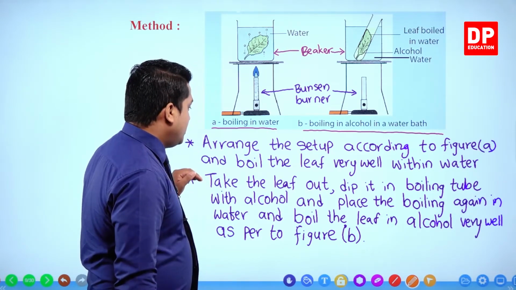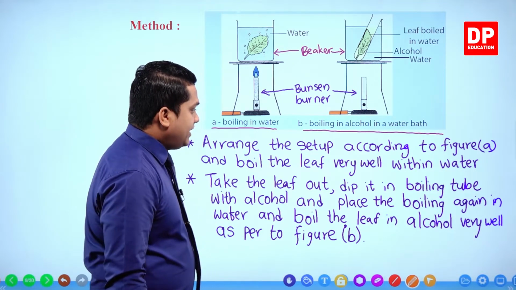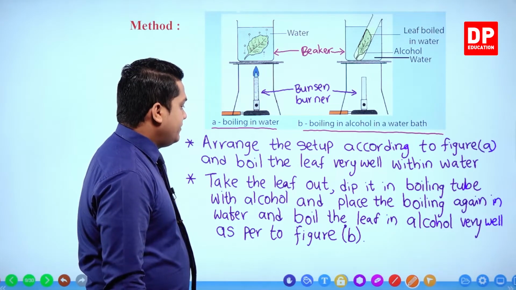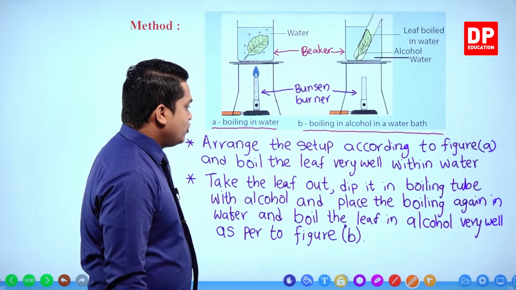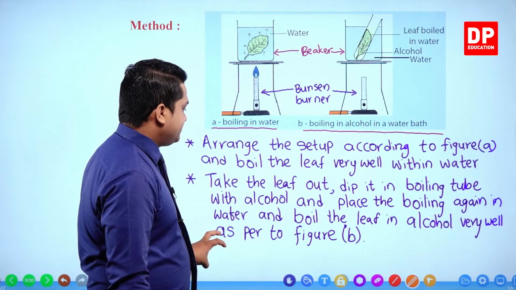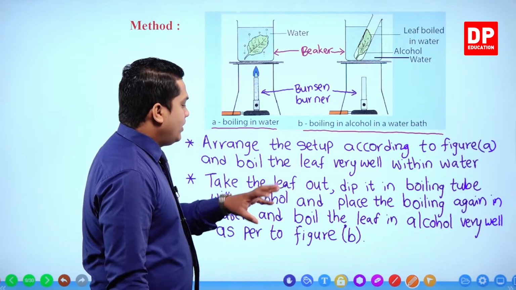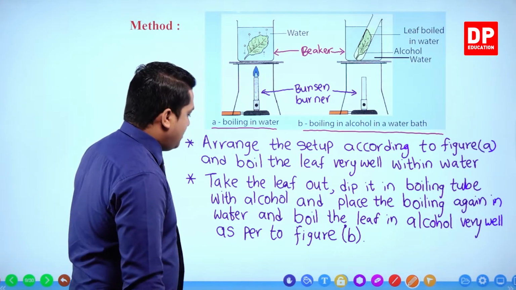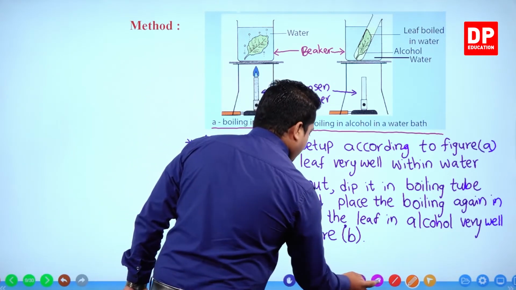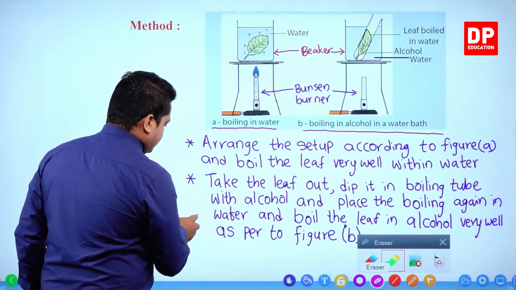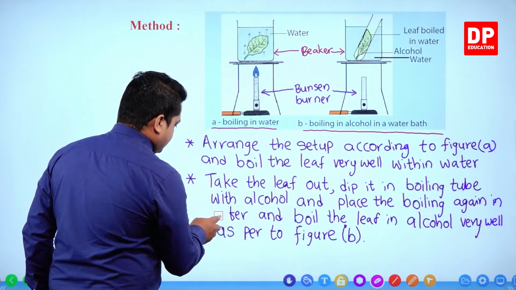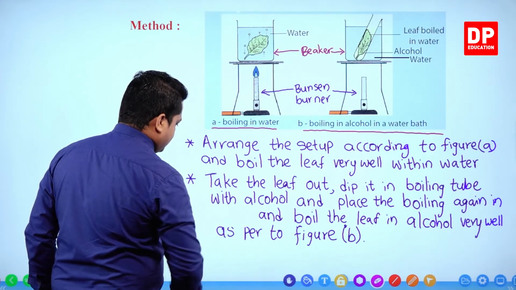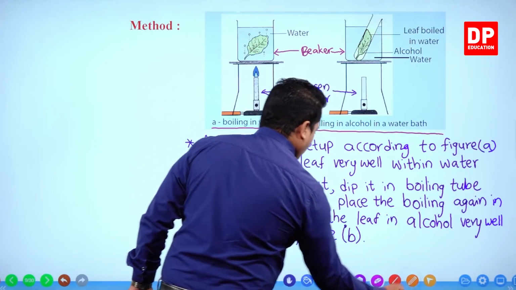So take the leaf out, dip it in boiling tube with alcohol and place the boiling tube again in water and boil the leaf in alcohol very well. I'll mention this as water beaker.